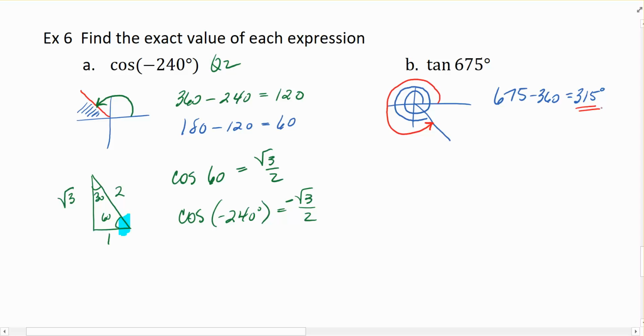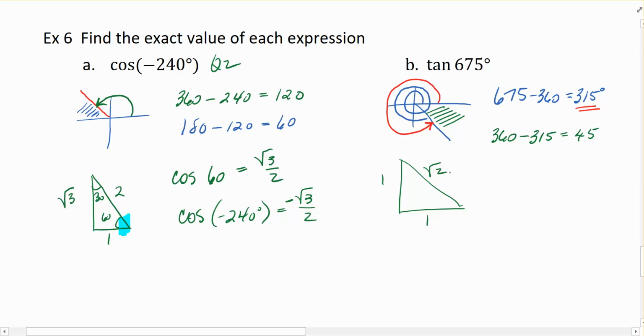That's not what I'm interested in. Again, I'm interested in this small little reference angle right here. So I'm going to take 360 minus the 315, and I find out that that little reference angle is in fact 45 degrees.